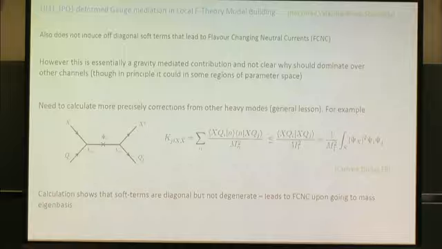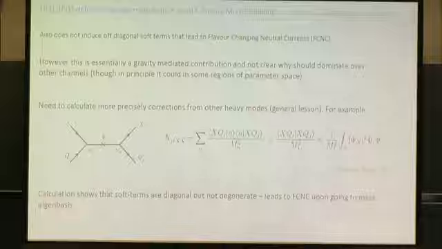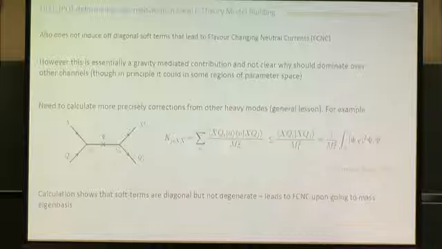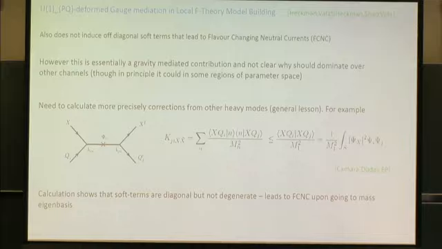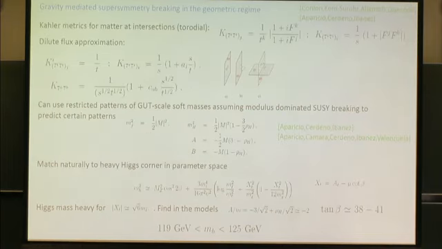And if they're not degenerate, that means that they will lead to flavor changing neutral current constraints upon going to the mass basis. So I think this is something to be careful about. I think this was a criticism of these models at the time: of course you may call it gauge mediation, but if your soft terms are being generated by something at a gravity scale, then essentially you suffer from all the usual problems of gravity mediation.